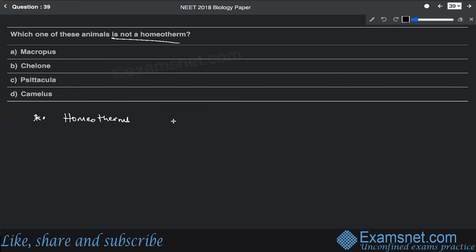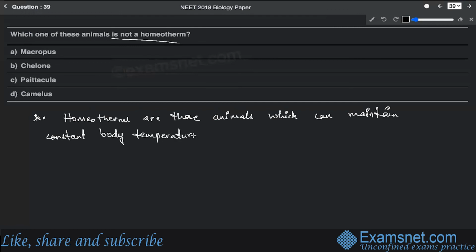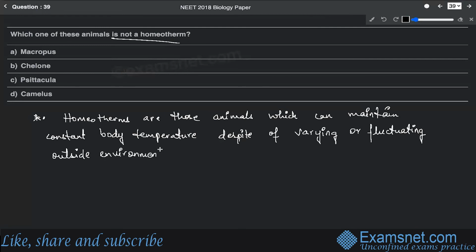That's why. So you can say that homeotherms are those animals which can maintain constant body temperature, despite of varying or fluctuating outside environmental conditions or temperature, you can say.